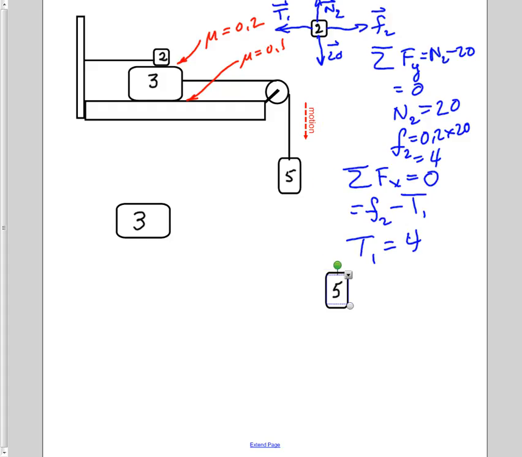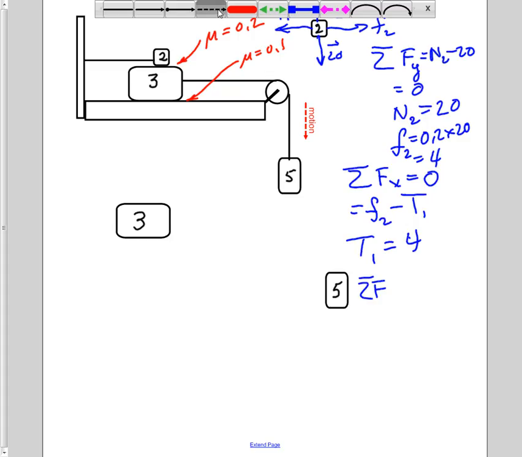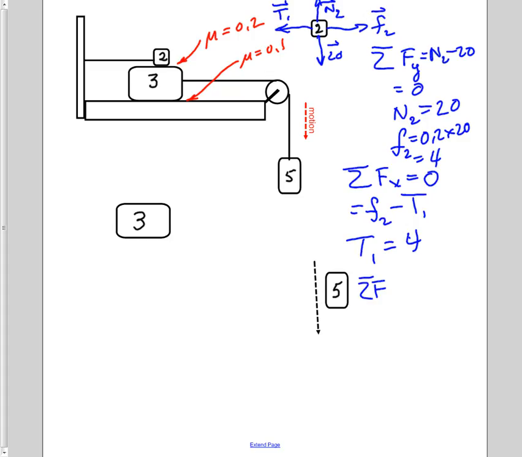Okay, next I'm going to choose this guy as the body, and so we have the sum of the forces in the, oh, I better be a little bit careful here. I'm going to choose plus y to be this way. Plus y is down.